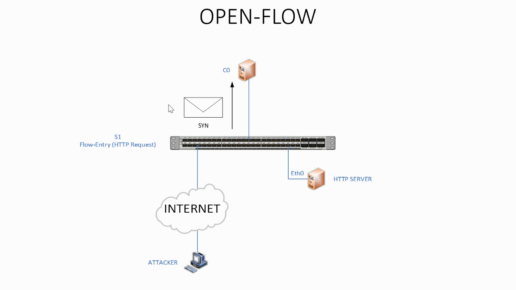This packet is called packet in, where the controller analyzes the TCP SYN message. And again, since this is the first packet flow, the controller will send a packet out to the switch. This is called packet out. The packet out is pretty much an instruction from the controller on what to do with the specific packet. So the SYN packet makes it to the server, and then the server responds back with a SYN acknowledgement.